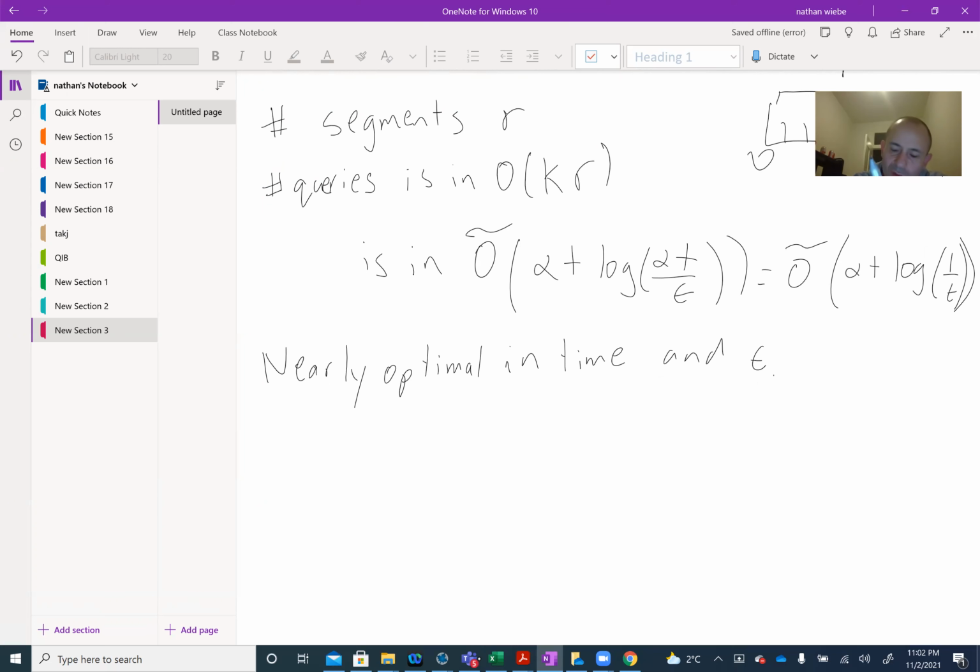The reason you can see this is using the following type of reasoning. It's possible to choose a Hamiltonian such that the time evolution operator, e to the minus iHt, computes parity.